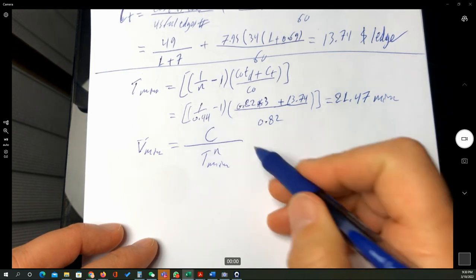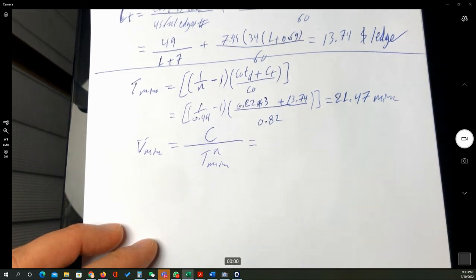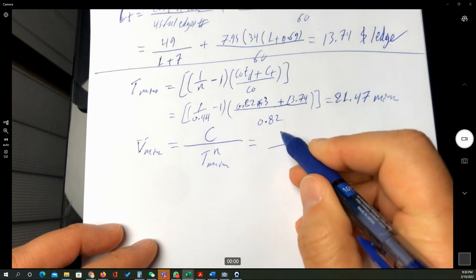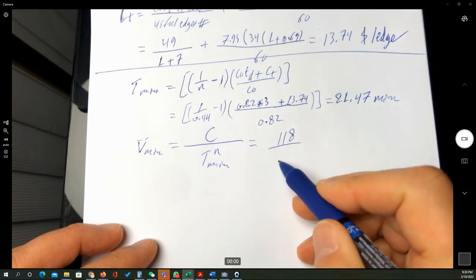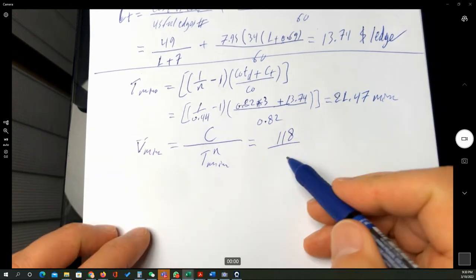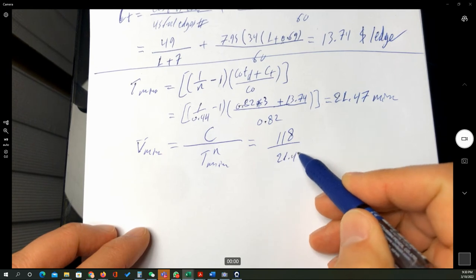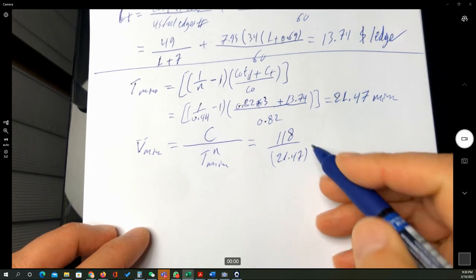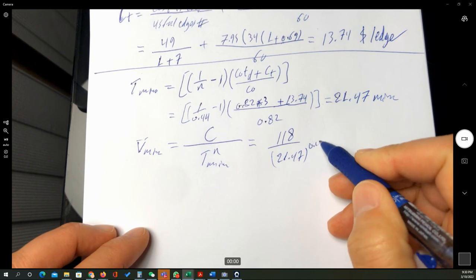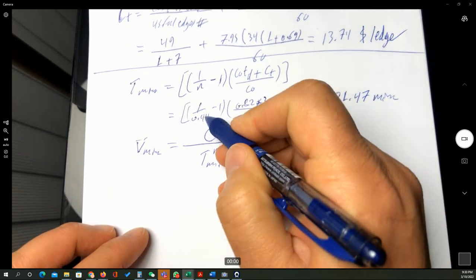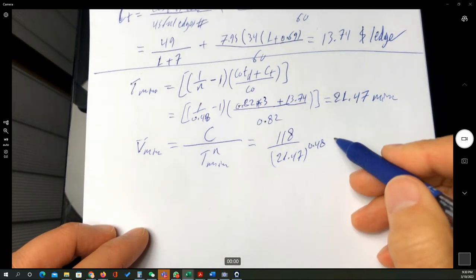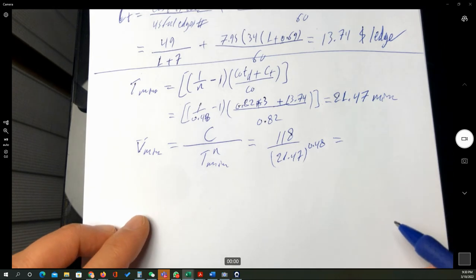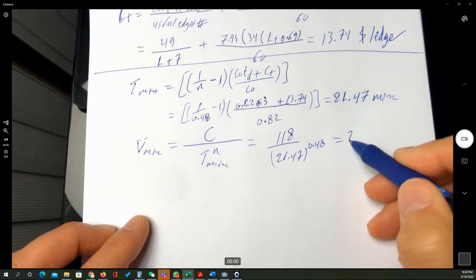So the C value we got in this first case was 118, divided by the T minimum, which is 21.47, up to power the value of n, sorry, 0.48, was 0.44.